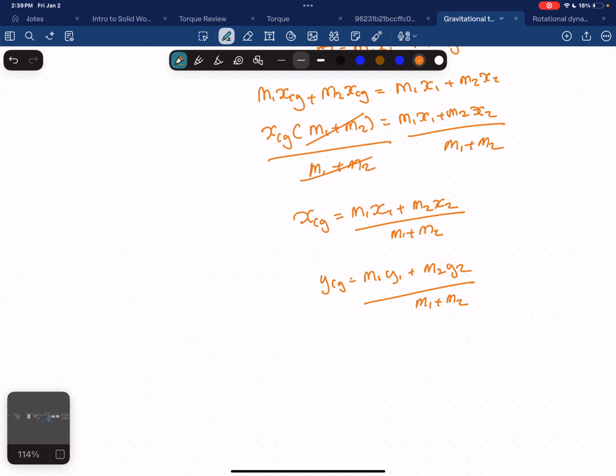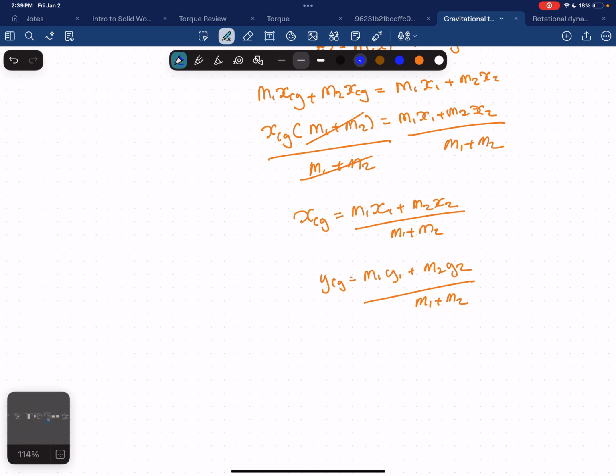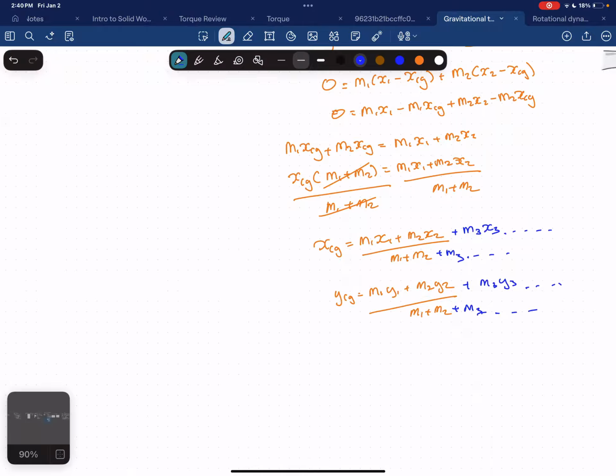And if you got more masses, you can just simply add whatever masses you have, and so on and so forth. And that's how you find the center of gravity coordinate. So, yeah.